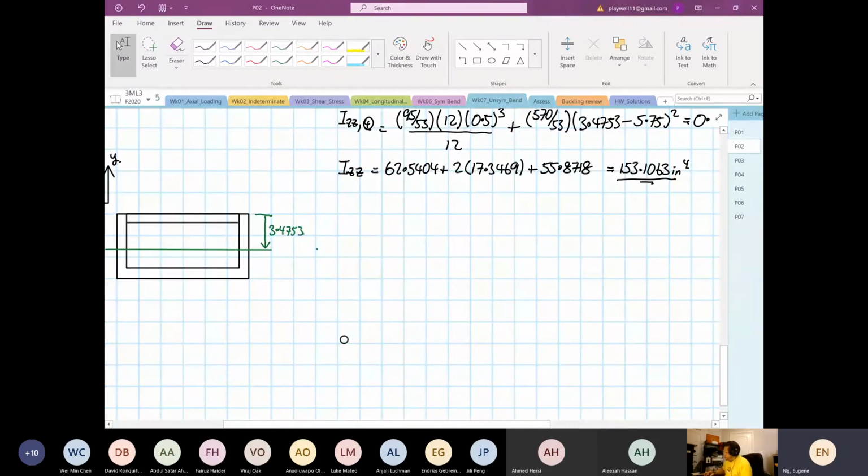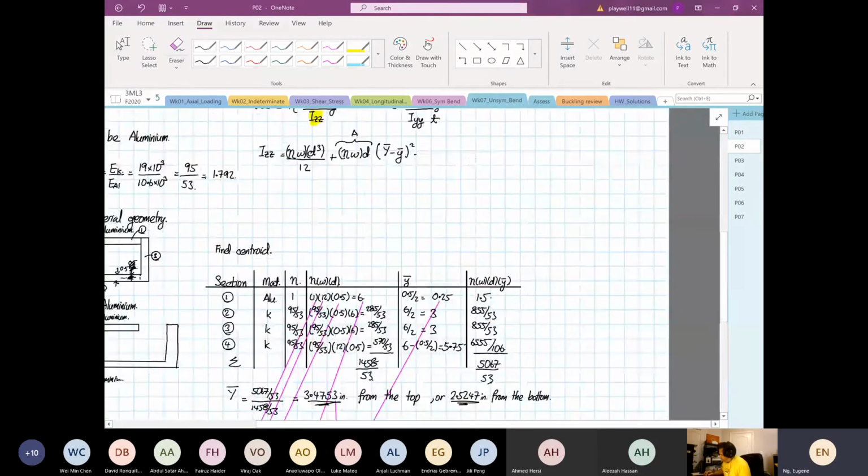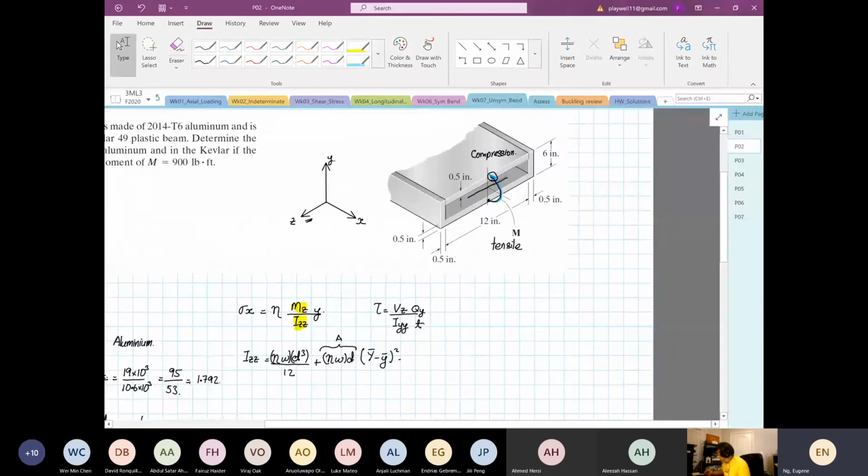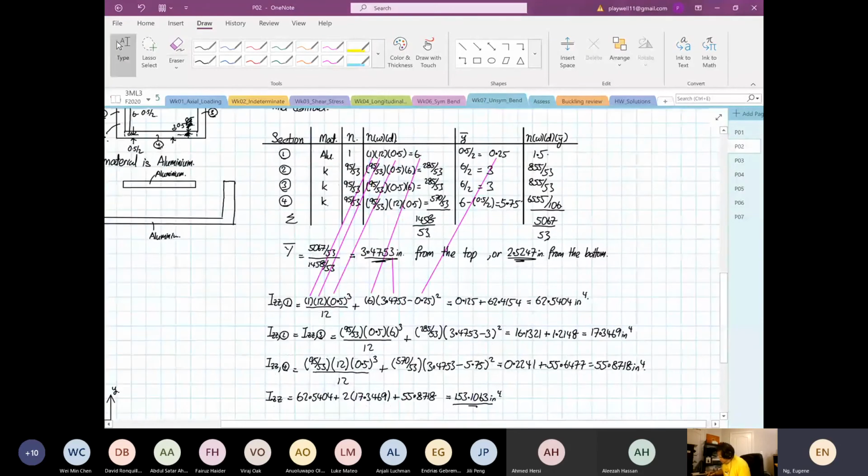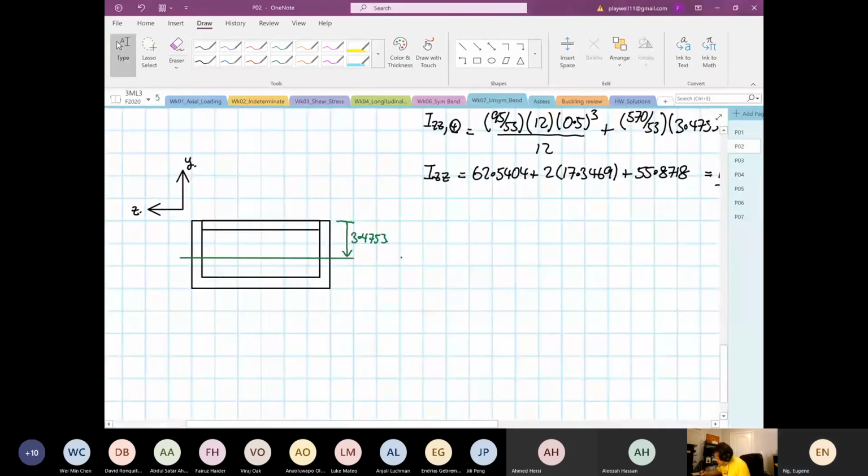Based on our analysis of the bending moment arrow, the top is under compression, so we write down here, this is under compression, and this is under tensile.